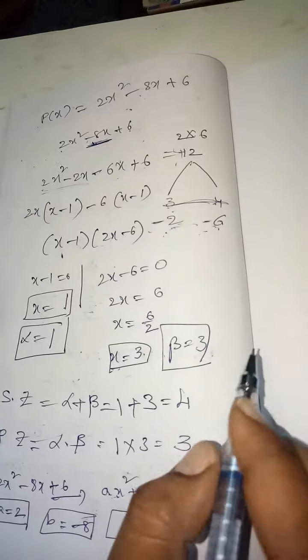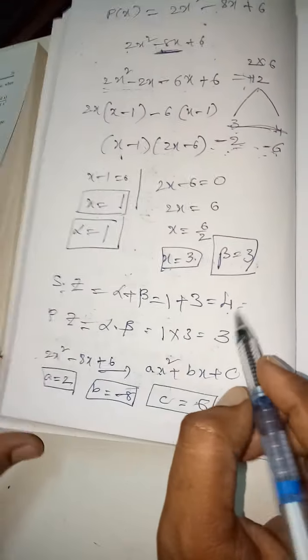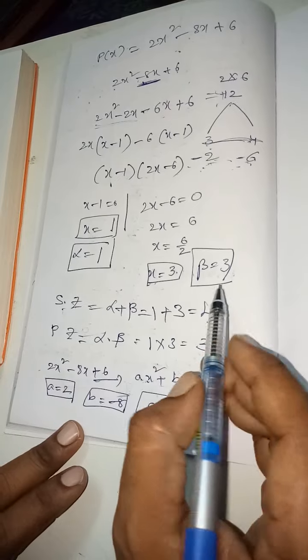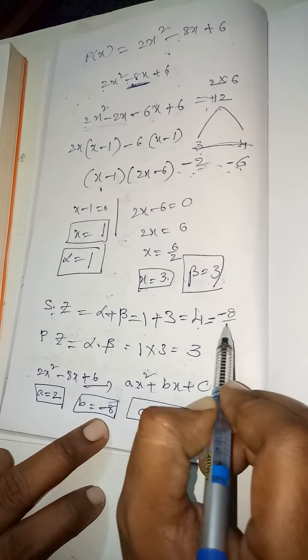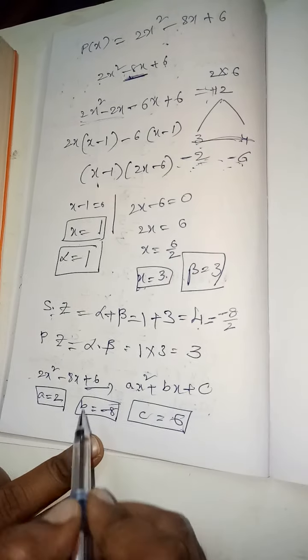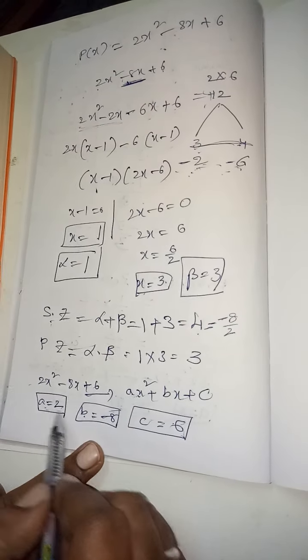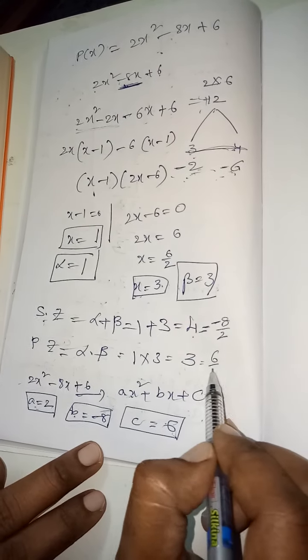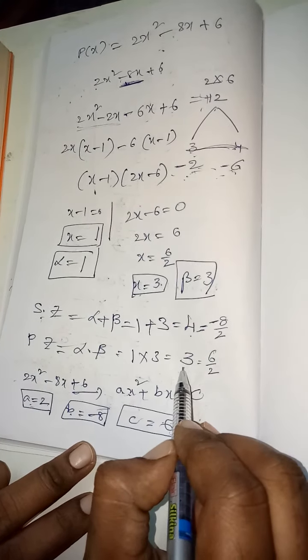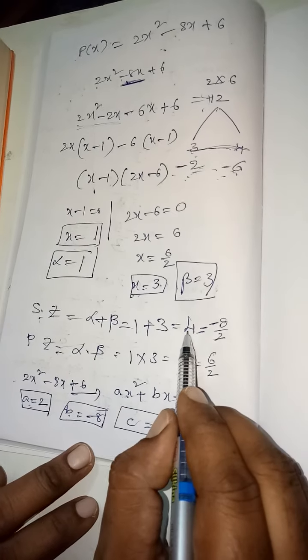Now what we get here: the sum of zeros is 4. Already I told you the sum of zeros formula is minus b by a. What is the b value? Minus of minus 8 by 2. The product of zeros is c by a. c is 6 by 2, which is 3. Minus of minus 8 by 2 is 4.